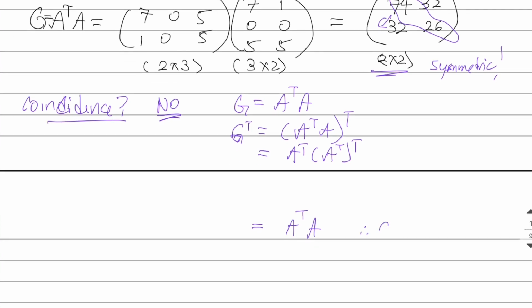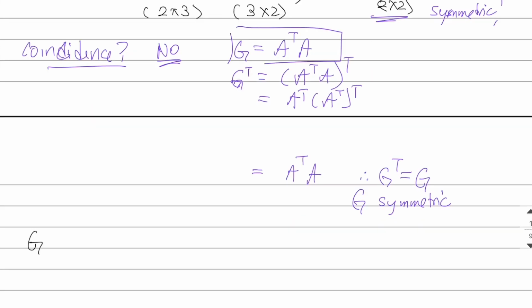So what we've just shown is that regardless of what matrix we start with, anytime we build this particular product, it will always be symmetric. Now, because of this, G must have orthogonal eigenvectors, and it must have real eigenvalues.